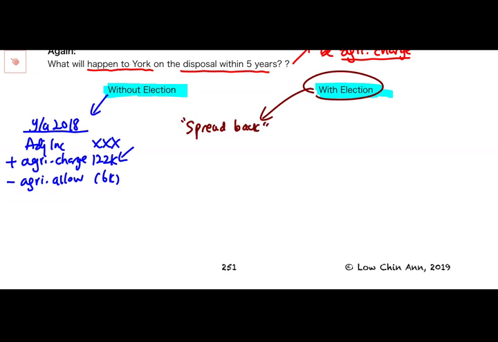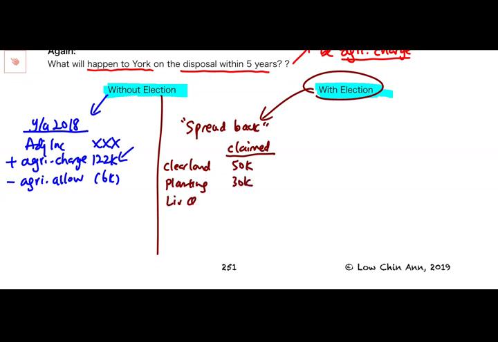Now, how do you spread back? The spread back is going to be in this way. You have claimed for clearing land 50,000. You have claimed planting 30,000. And you have also claimed for living quarter how much? 3642.